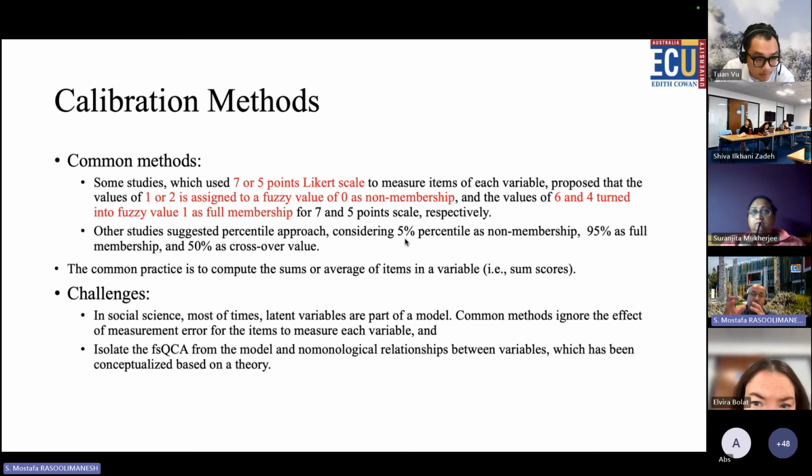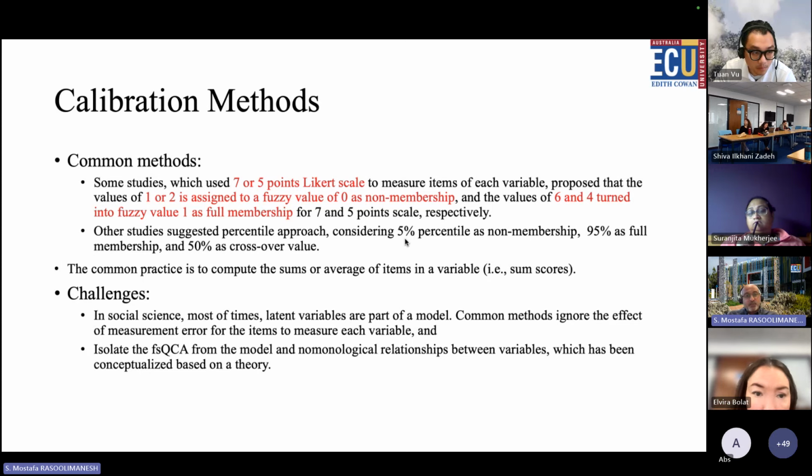So we apply SEM and calculate factor loadings and some criteria to assess reliability and validity, to consider the measurement error of each item in creating the construct. But when we apply a sum score or average, we ignore this measurement error.